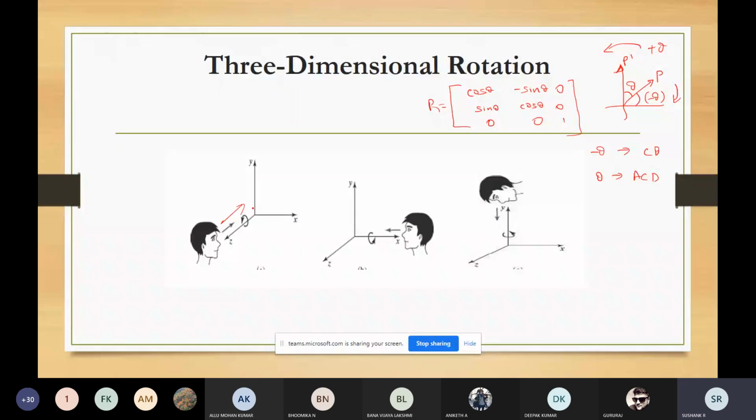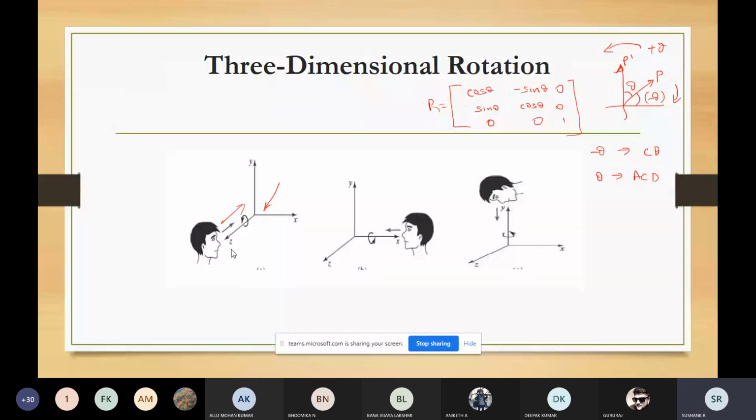If I look from the other direction, away from the origin, it will be vice versa. Here a person is standing and looking towards the origin from the z-axis, parallel to the z-axis.